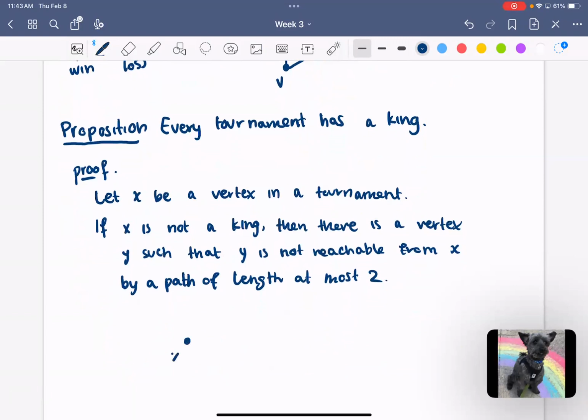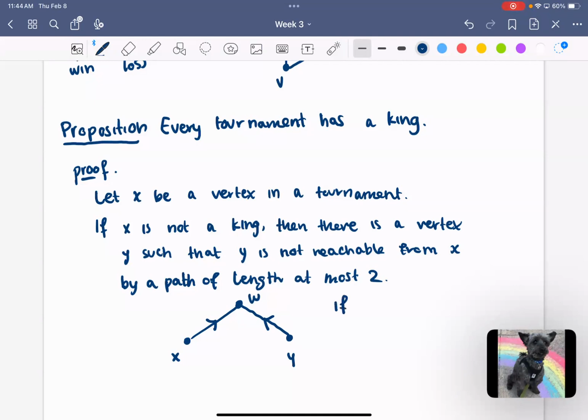If this is X and this is Y, it's not possible to have X beating W and then W beating Y. This does not happen. So instead, what happens is if W beats X, then that means Y must also beat W, right?